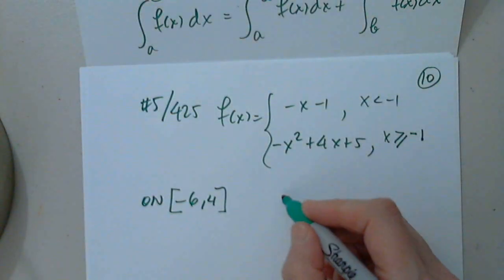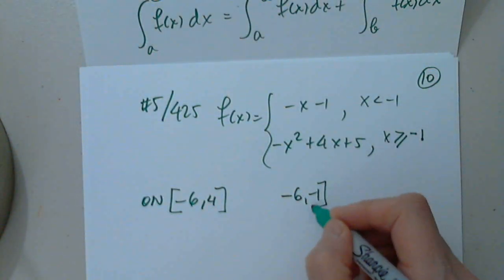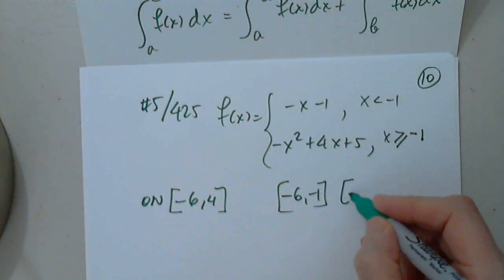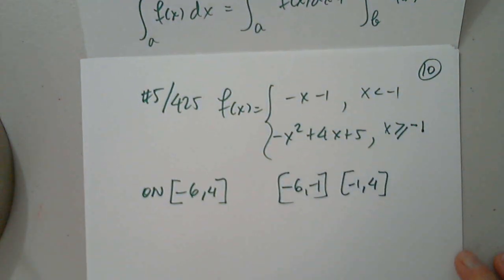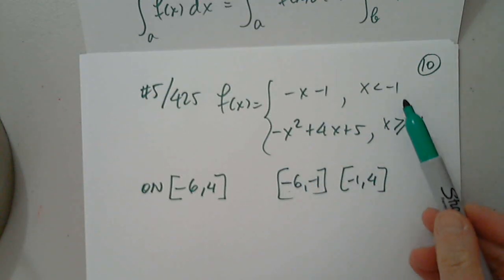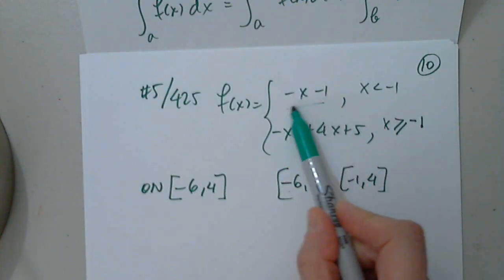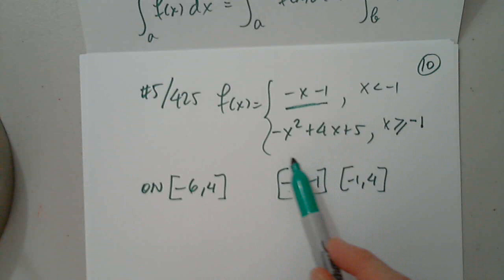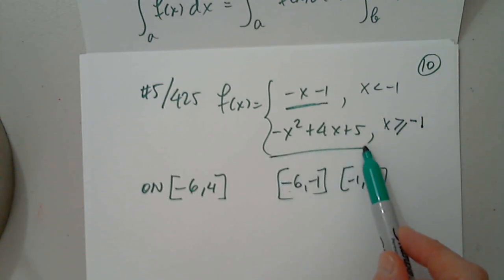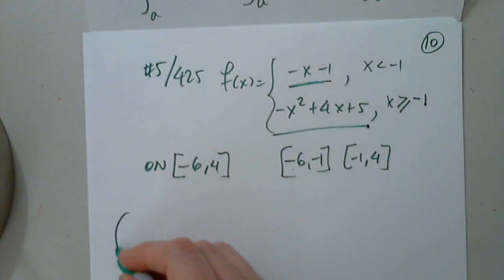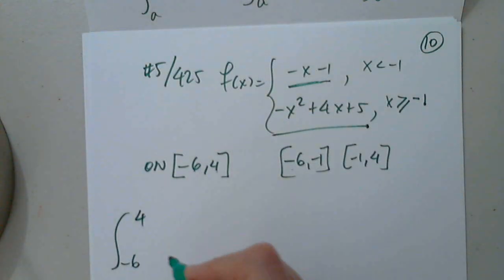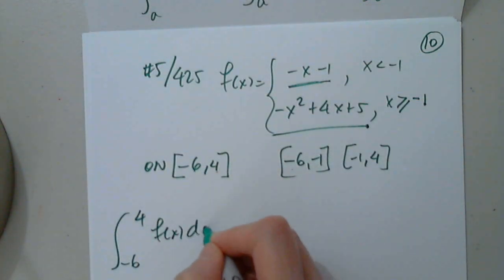As you see, there is negative 6 to negative 1, first of all, and then negative 1 to 4. On negative 6 to negative 1, I have this function, but on negative 1 to 4, I have this function. So they're asking us to find the integral from negative 6 to 4 of f of x dx.